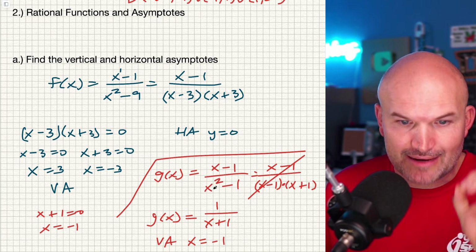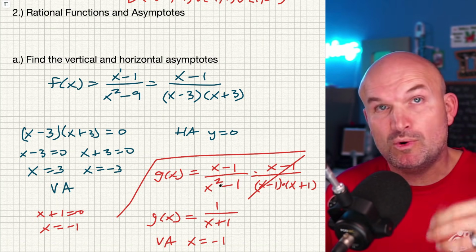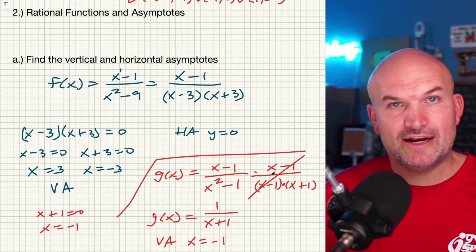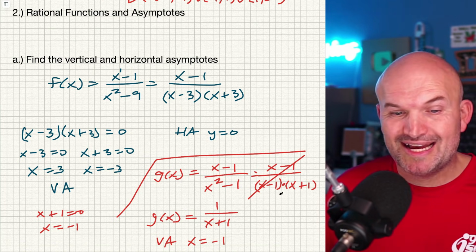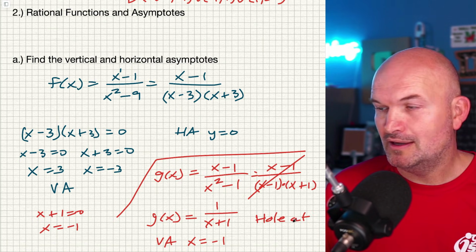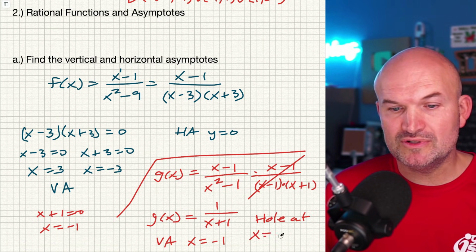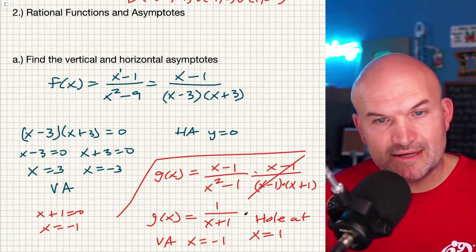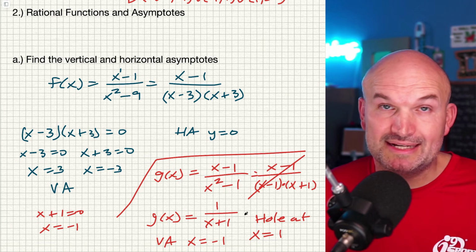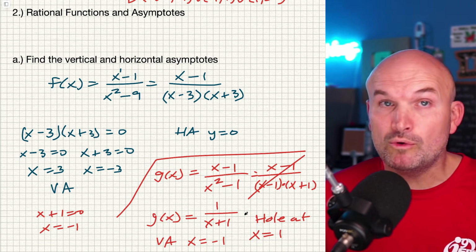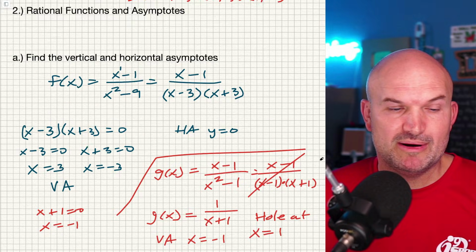That still makes your denominator 0 because 1 squared minus 1 is still 0. However, it gets simplified out. So that is what we call a removable discontinuity, which again is going to be a hole. So I'll say I have a hole at x equals positive 1. So that's the difference between vertical asymptotes and holes. Holes can be divided out. Vertical asymptotes cannot. However, they are still undefined values for your domain. So make sure you remember that.